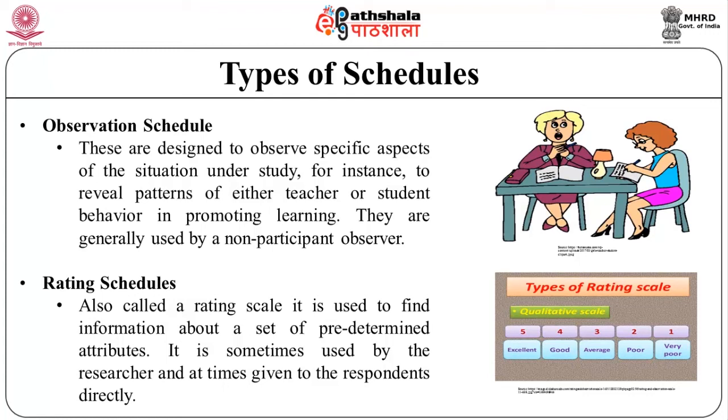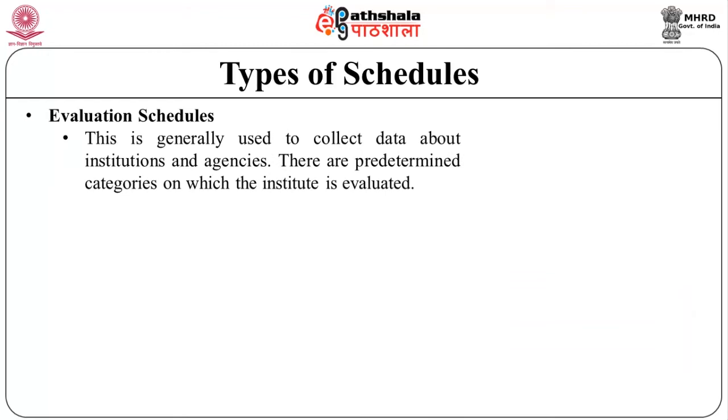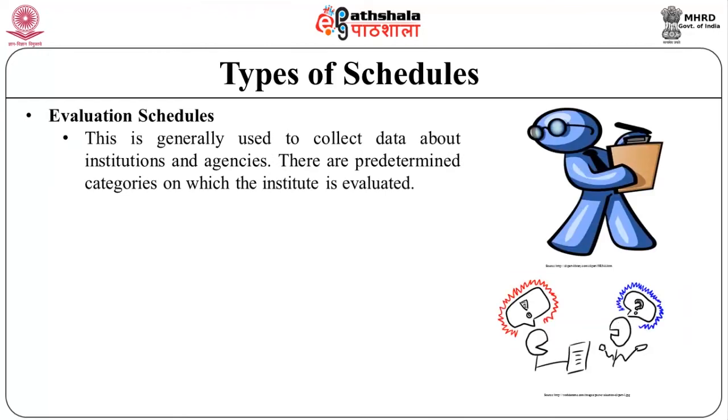It is sometimes used by the researcher and at times given to the respondents directly, and it is also called a rating scale. Now, evaluation schedules. This is generally used to collect data about institutions and agencies. They are predetermined categories on which the institute is evaluated.